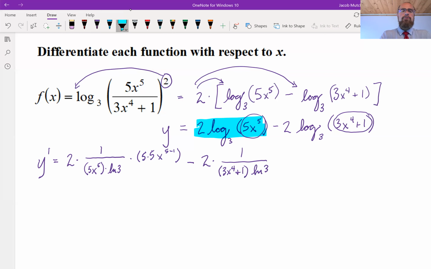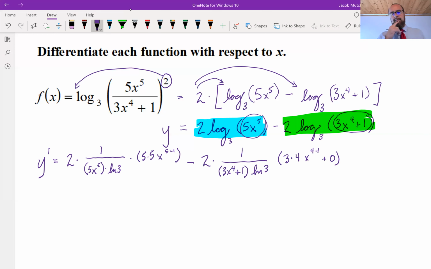Just to say which term we're working on, let's highlight it in green. So now to catch the rest, I need to take the derivative of the composed function. So that would be 3, the old coefficient, times the old power 4 down as a coefficient, x to the power of 4 less 1, plus the derivative of 1 is 0.